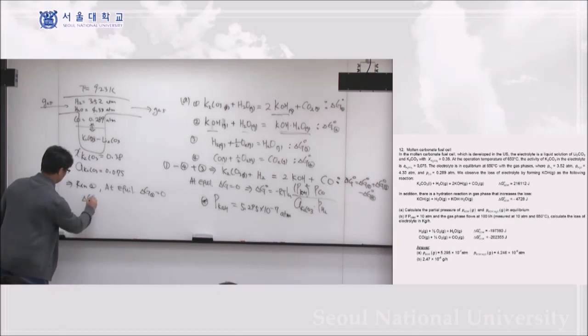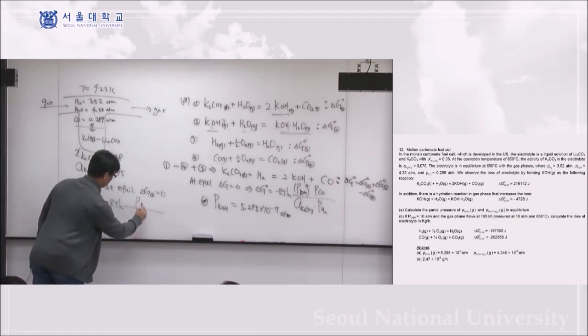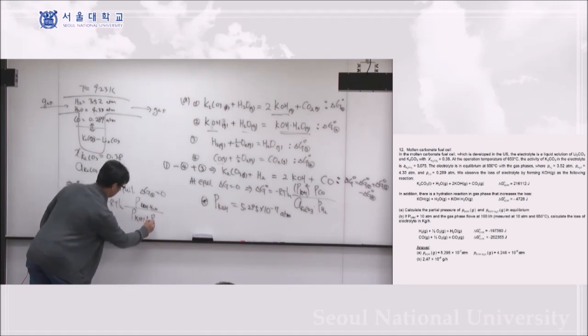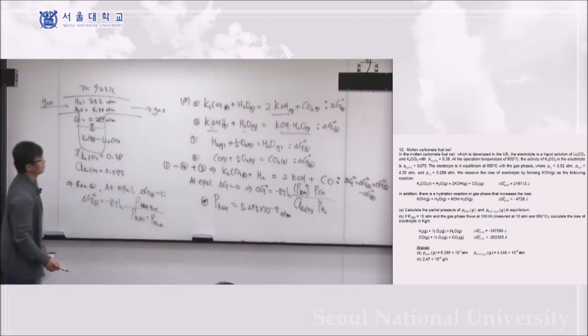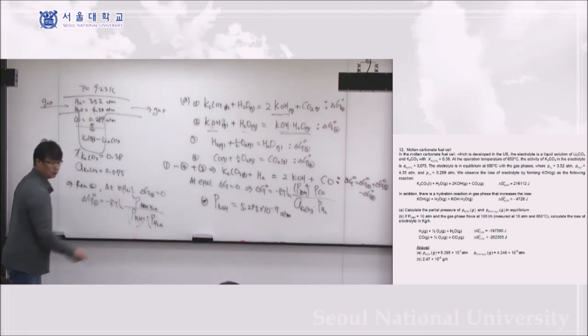So delta G naught of reaction 2 equal to minus RT ln, then P KOH H2O, and then P KOH, and then P H2O. Okay? Because we know this value and this value, so we can calculate this one.